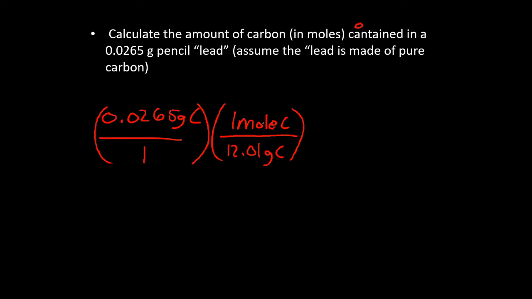And so we've had to flip that here to get the grams to cancel out. That's perfectly fine. Remember, conversion factors, which the molar mass is, allow you to convert between moles and grams. We can flip those any way we need to get the units to cancel out correctly. So the grams here are going to cancel, leaving us with moles.